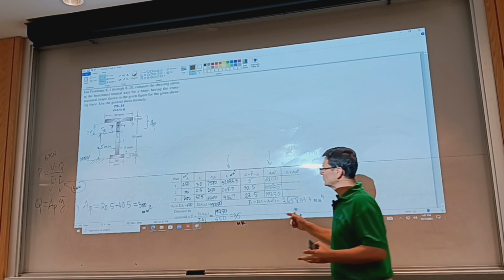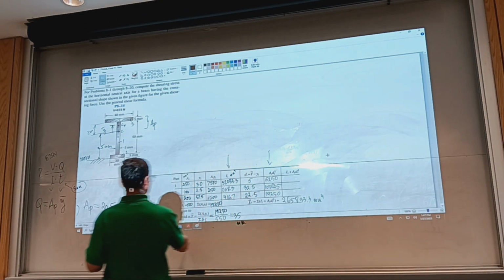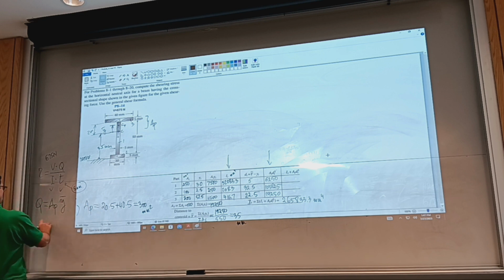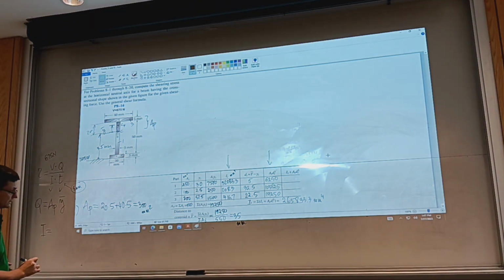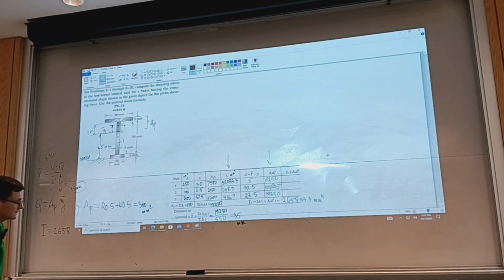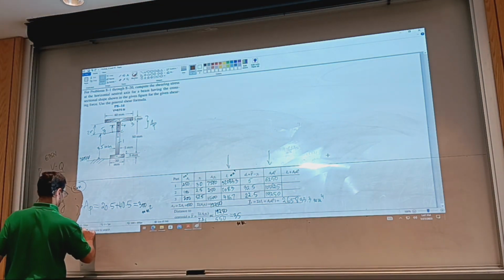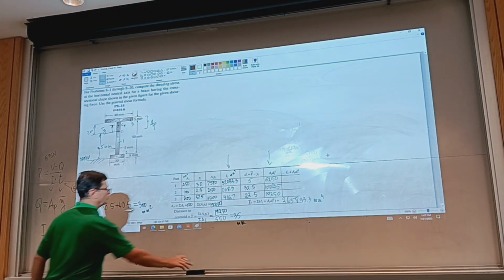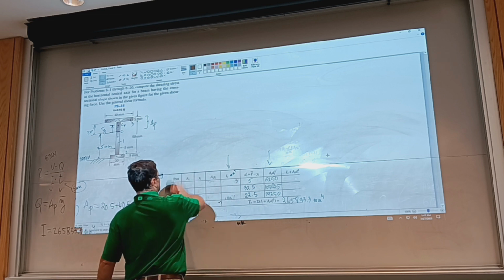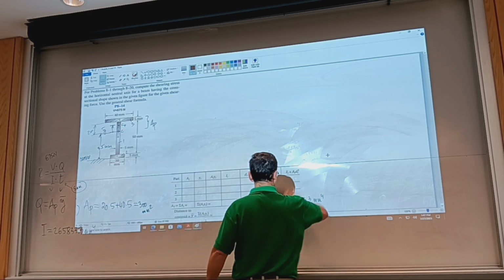I think we can erase this. All I need to save is just the moment of inertia, so I write it here, 265833.3 millimeters to the power 4. And I'm going to erase my writing, and repeat for two bodies.